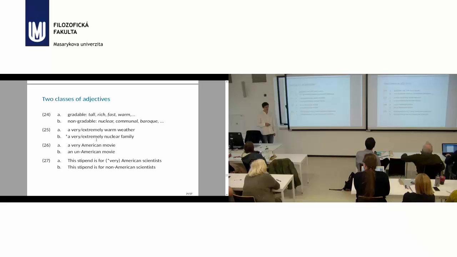When you use it in this non-gradable sense, you can't modify it by very, and also the negative form of the adjective uses a different prefix. Whereas in the gradable sense, the American movie would negate as an un-American movie, you would say this stipend is for non-American scientists as opposed to un-American scientists.